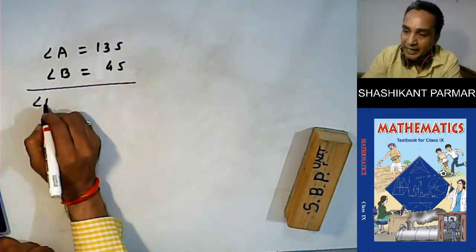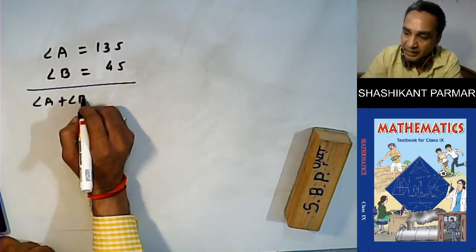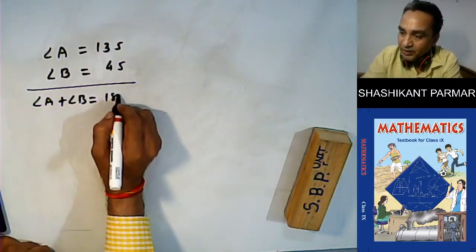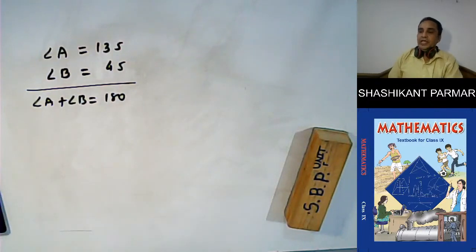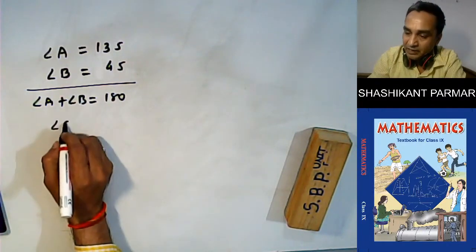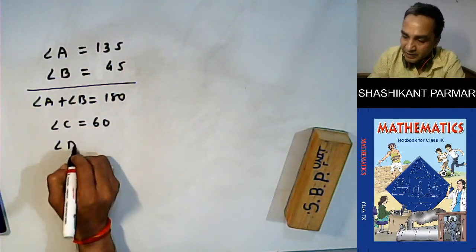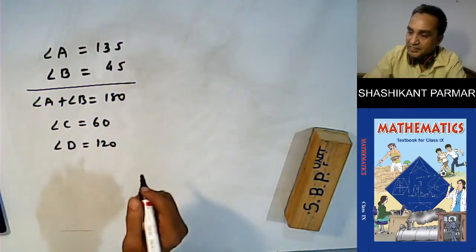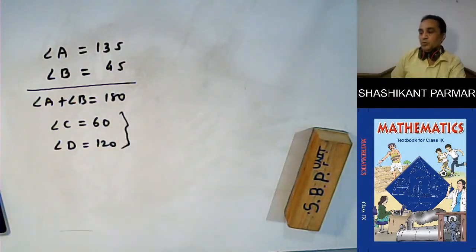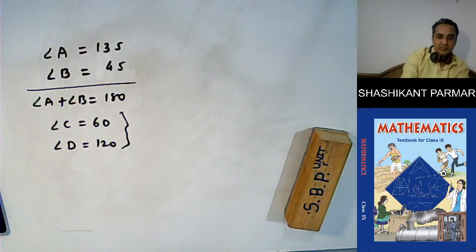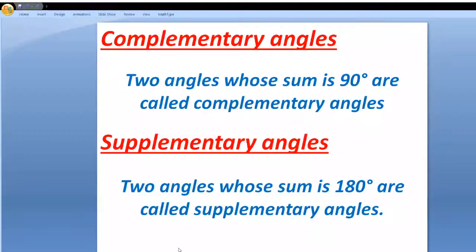So, angle A plus angle B is equal to 180. So, A and B are supplementary angles. Angle C is equal to 60 degrees. Angle D is equal to 120 degrees. So, these both are supplementary angles. Okay, you understand very well the complementary angles and supplementary angles.